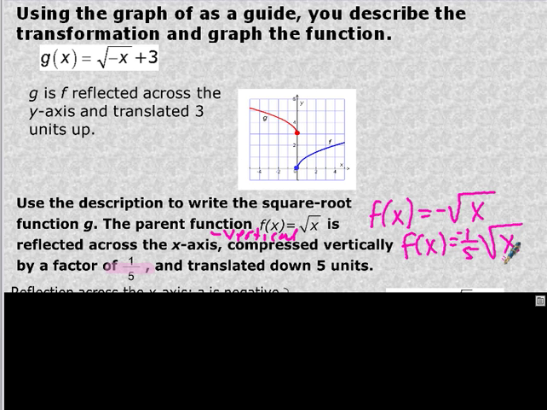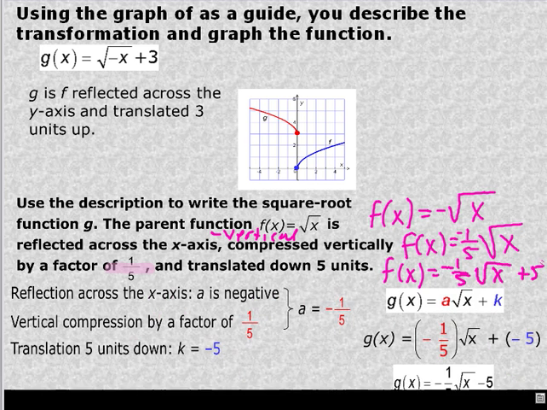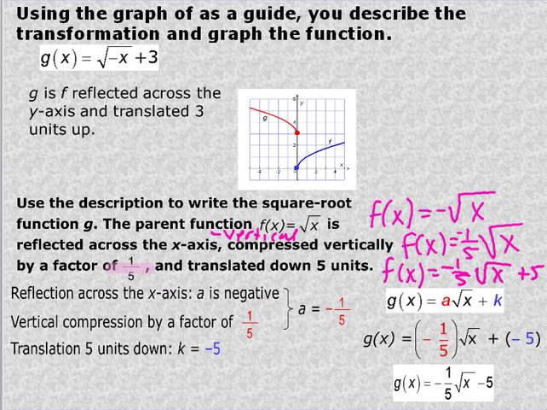And then translated down 5 units, again, that's not going to go inside the square root function. So it's going to be f of x equals a negative, I don't know why I keep forgetting that. Negative 1/5 square root of x plus 5, where 5 is not underneath the radical sign. Oh, sorry, it's down, so it should be minus 5.